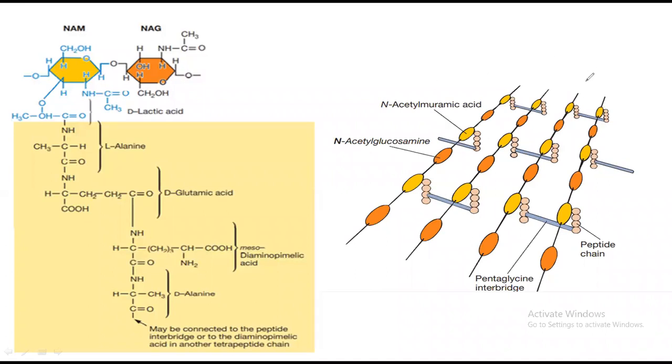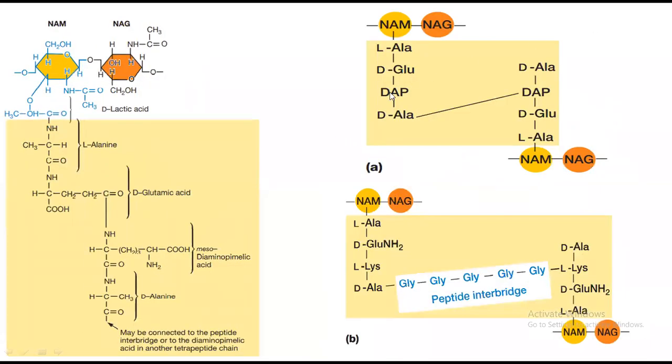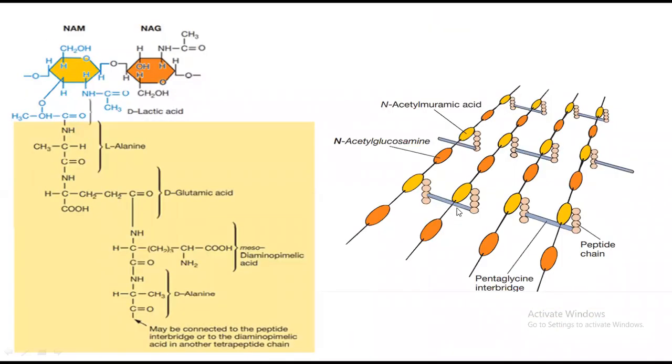Wait a minute. If you look here, this was the D-alanine and the diaminopimelic acid. If we compare it, this third one is the L-lysine, and this was the diaminopimelic acid.